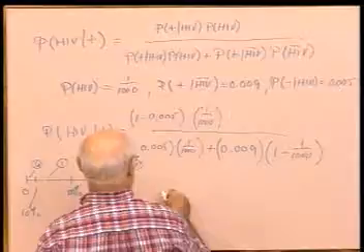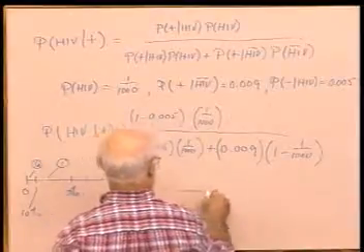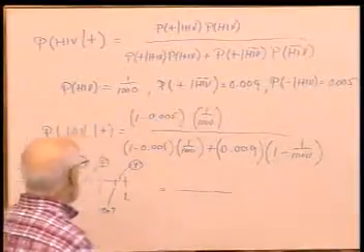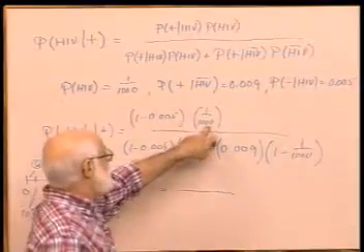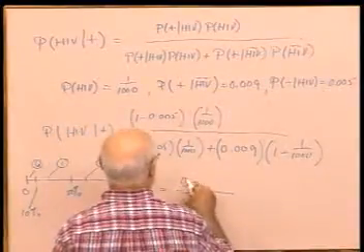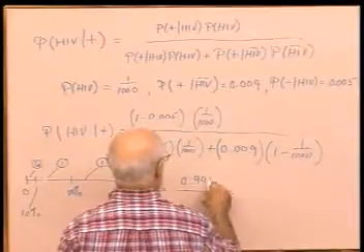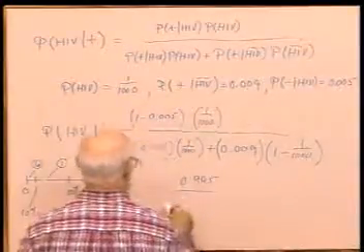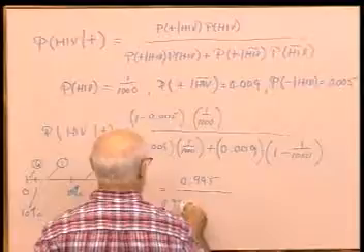So now I'm just going to do some arithmetic. What I'll do is multiply by 1,000. So that cancels that, and I'm going to make this numerator 0.995. And same thing over here, that term would be 0.995.